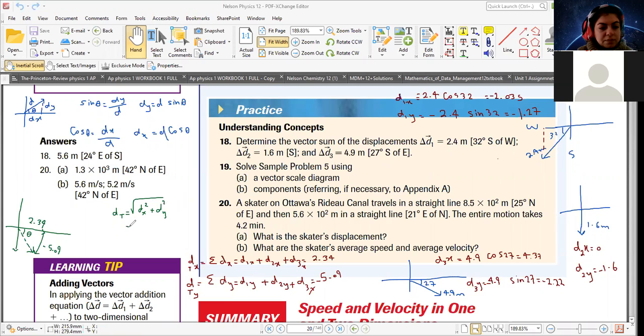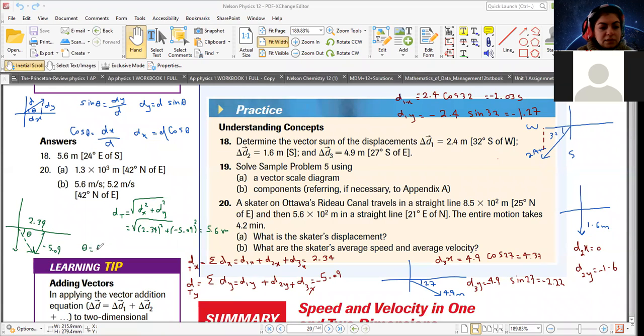The numbers you get are 2.34 to the power of 2 plus negative 5.09 to the power of 2. If you do that, you get 5.6 meters.